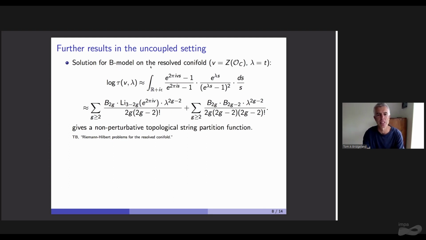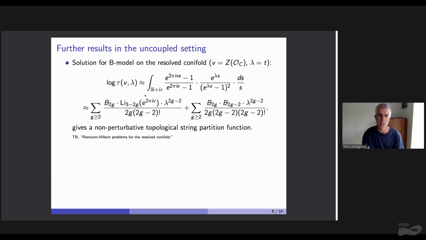this is an uncoupled situation, but it's not finite because there are infinitely many BPS invariants corresponding basically to the different line bundles on the rational curve in the conifold. But nonetheless, you can solve this Riemann-Hilbert problem, and there is a solution involving certain special functions, and you can get your hands on this tau function.